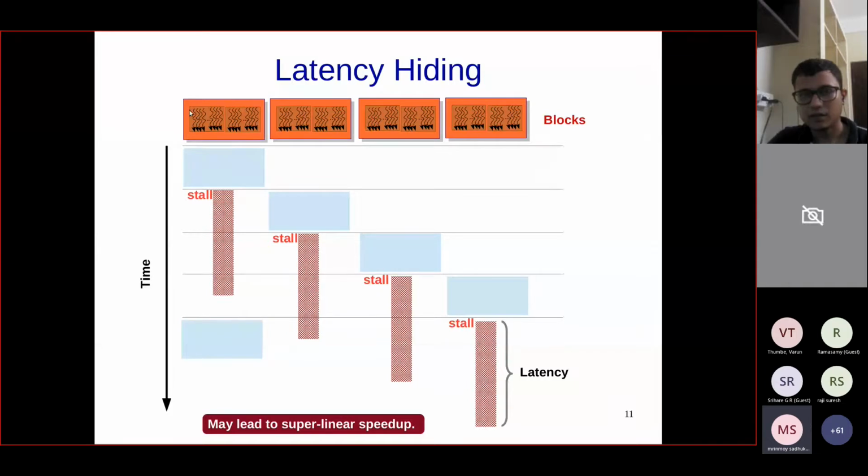It would have taken 20 units of time for these 4 blocks to finish. But by using this latency hiding, we'll just finish in 8 units of time. So that is what is superlinear speedup. We are able to scale the performance by using the principle of latency hiding.